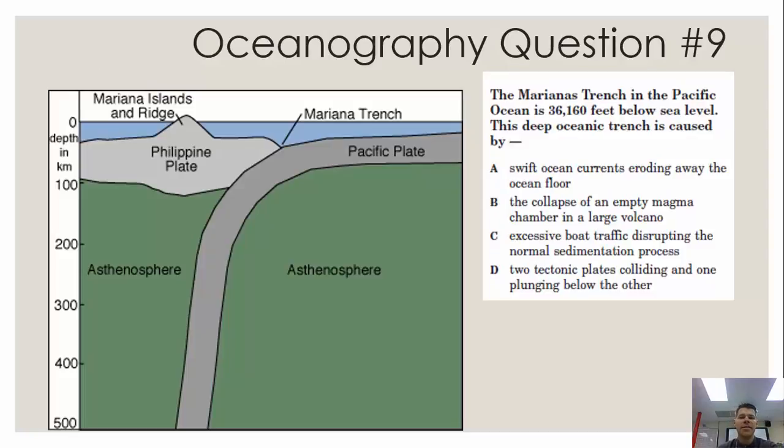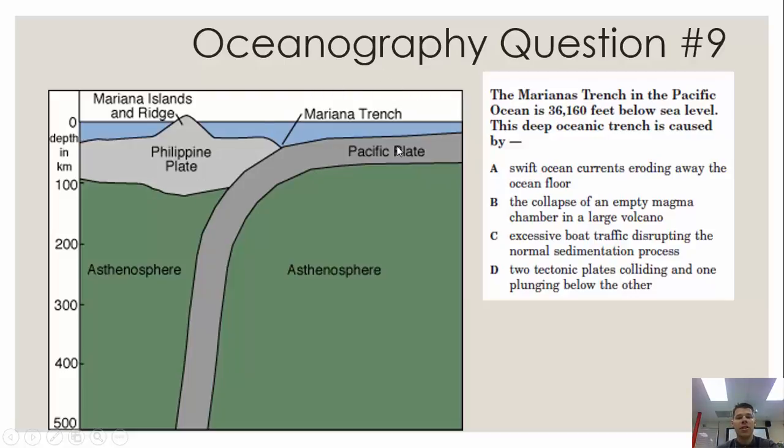Alright, what causes Marianas Trench, or any trench for that matter? Trenches in the ocean are formed from 2 plates colliding, and one of the plates will be higher in density, and it will sink when it goes into this other plate.